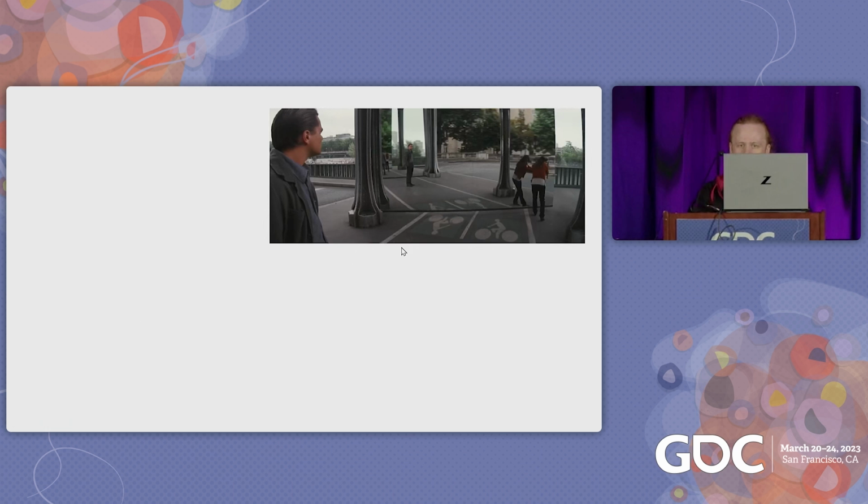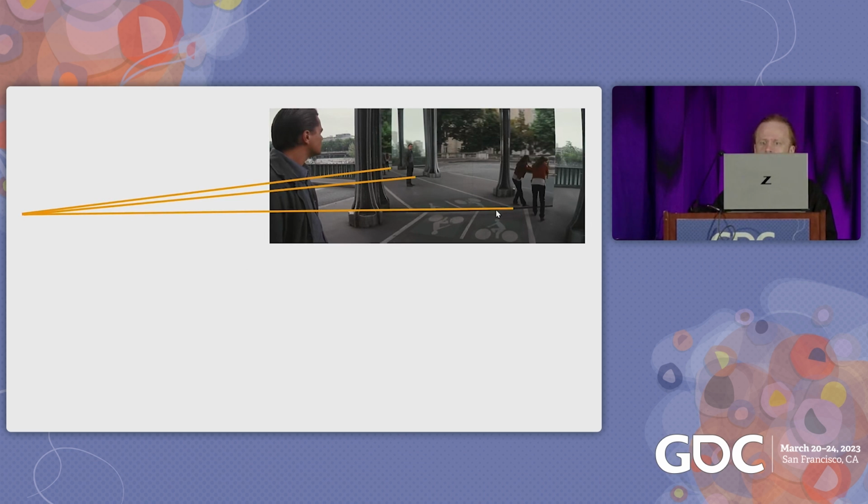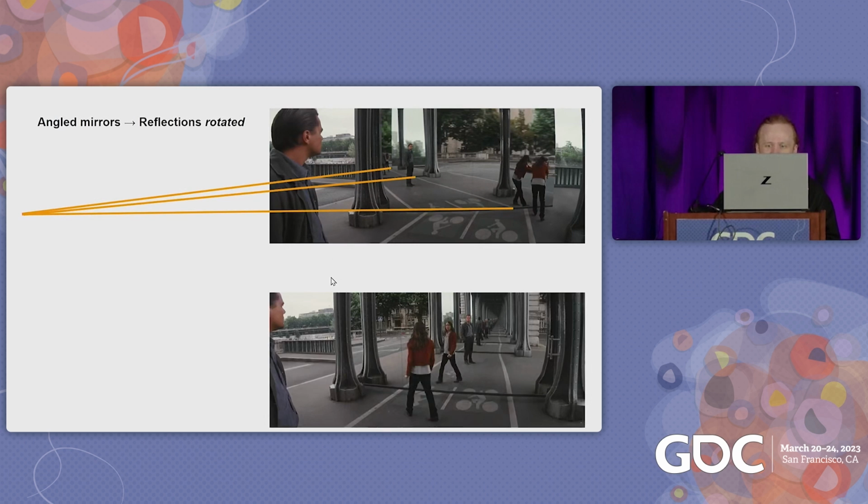So what happened there? Well, we started out with the reflection planes at some angle. There's the reflection plane that we've got here. We've got a reflection plane that's behind Leo. If you look at the lines defined by these reflection planes, those lines meet at some specific place. And what you're seeing is a rotated reflection of Leonardo DiCaprio.